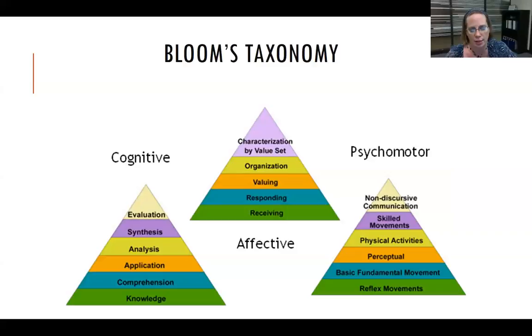Simpson actually did this in 1972. So if we look from left to right at the pyramid hierarchies presented in this slide, there are 6 levels. We can start by examining the cognitive domain. There are 6 levels in the cognitive domain: knowledge, comprehension, application, analysis, synthesis, and evaluation.